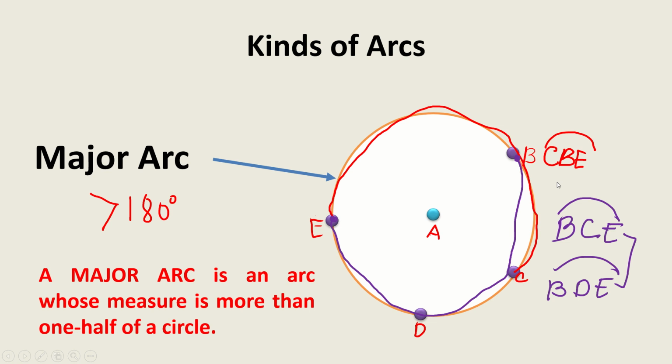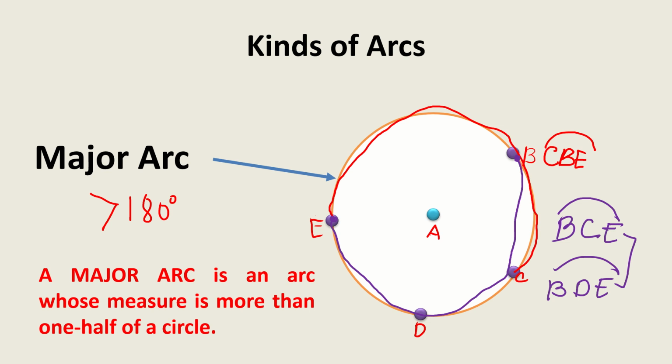Okay po. Again, a minor arc measures less than 180 degrees. Then, 2 letters ang ginagamit sa pagpapangalan. Then, for the major arc, 3 letters naman po, and it measures more than or greater than 180 degrees.